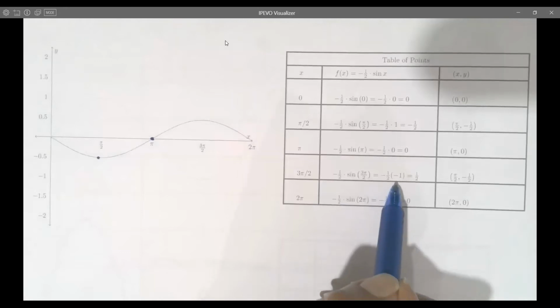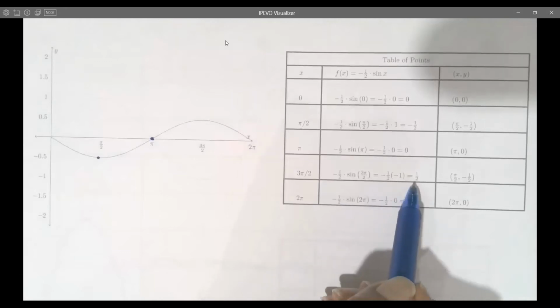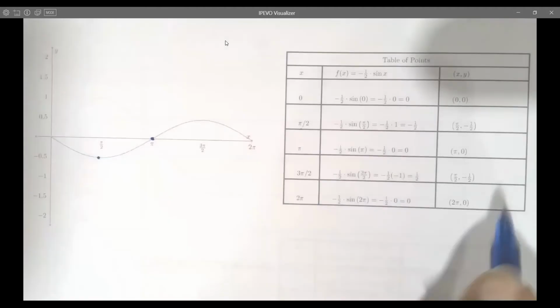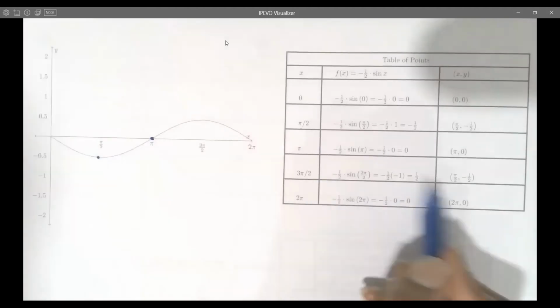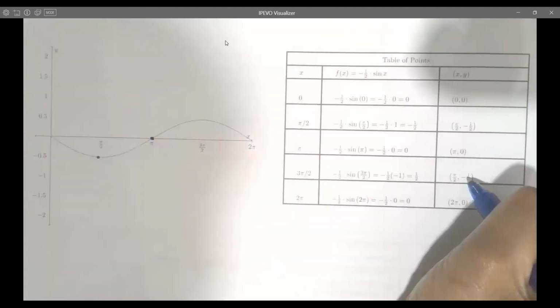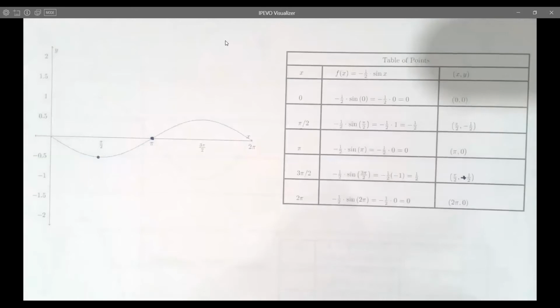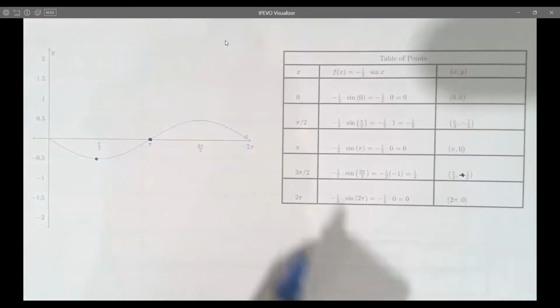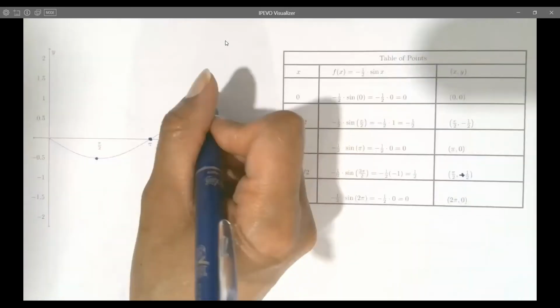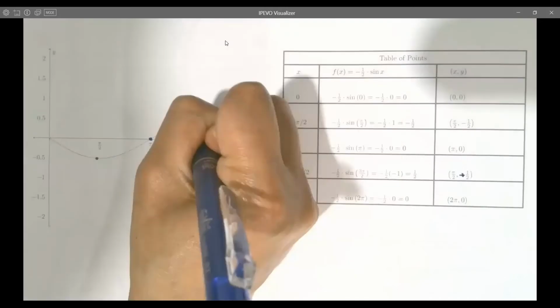Negative times negative gives us positive 1/2. Yep, very good. So it ends up being the point 3 pi over 2 comma, and there's a typo here. This should say positive. So if you want to cross that off or just change it to a plus, that should be positive 1/2. Yeah, thank you, Lee. Yeah, so up here.